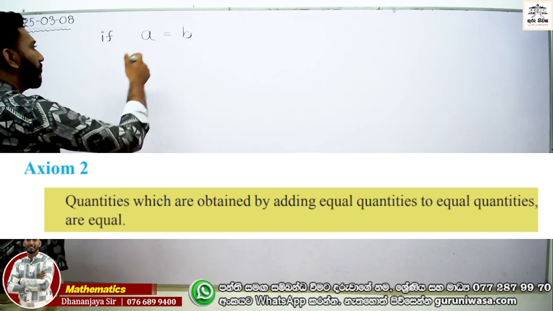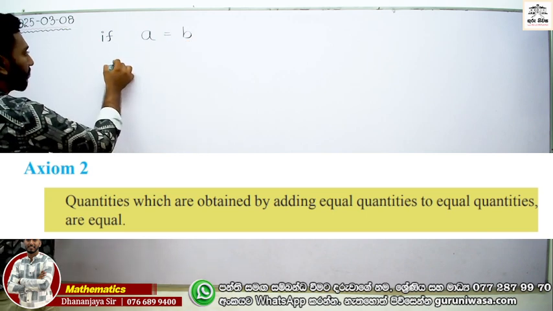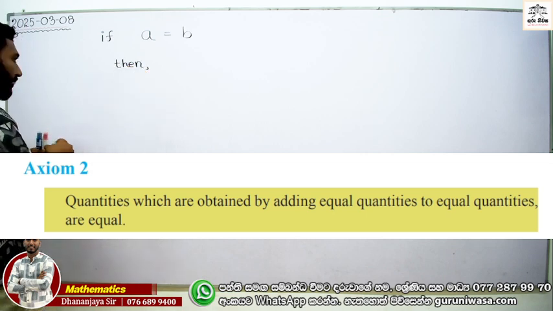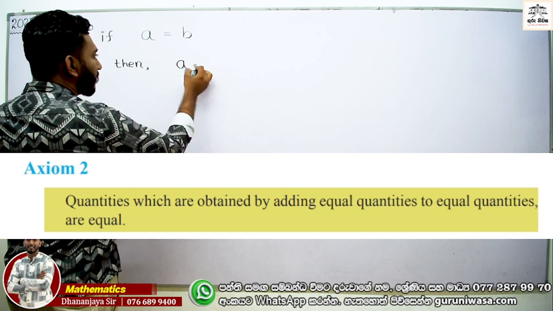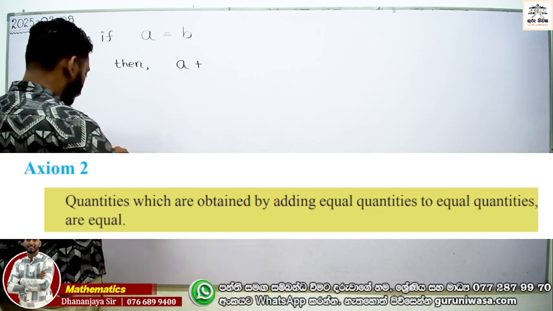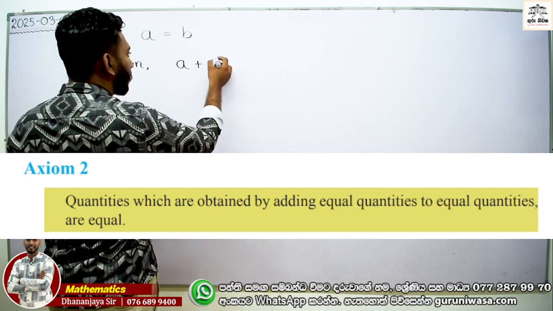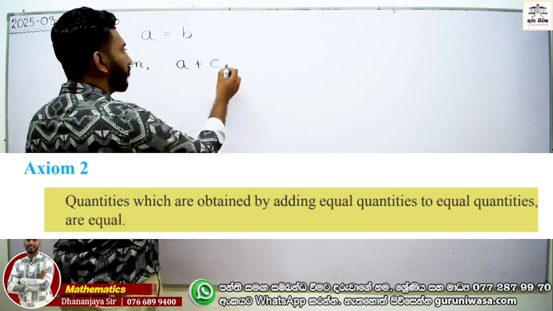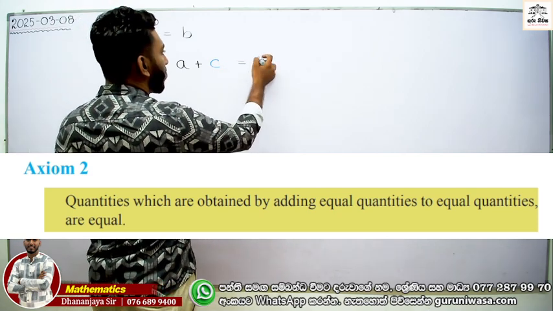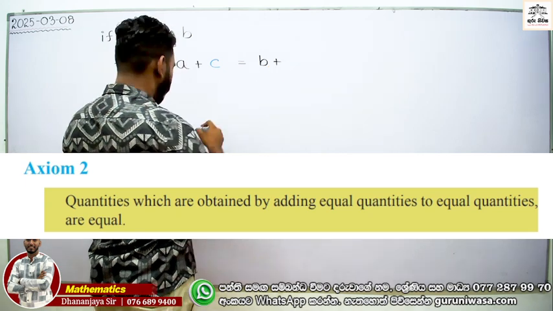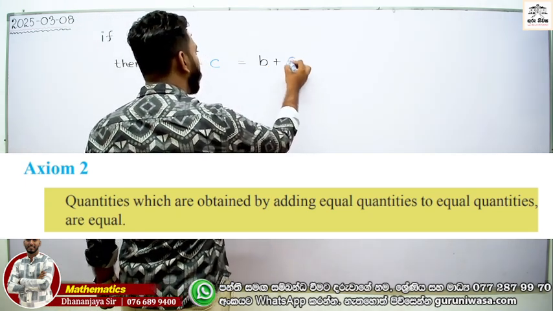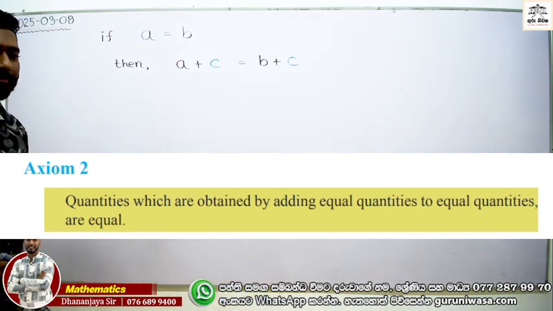A equals B, then we can write A plus C should be equal to B plus C. Yes, that's true, right?